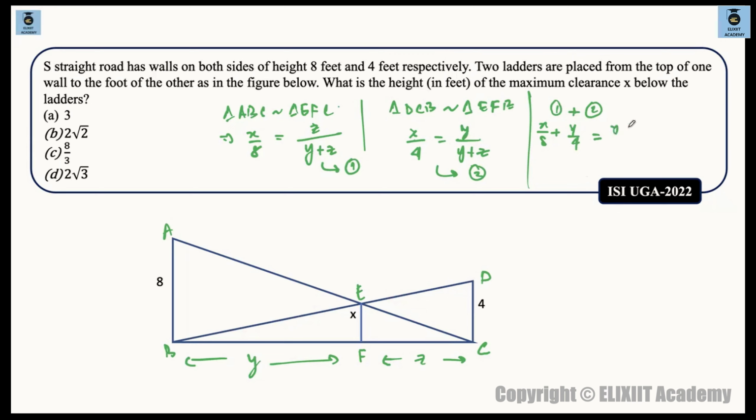So x/8 plus x/4 is equal to 1. Take out x common, so we have x times 1/8 plus 1/4, and this is equal to 1.